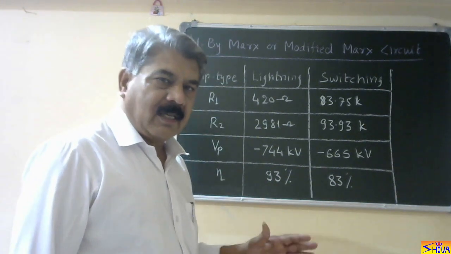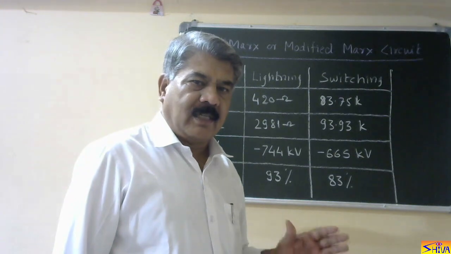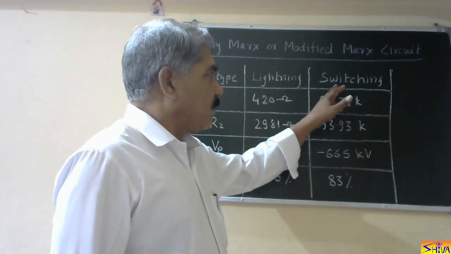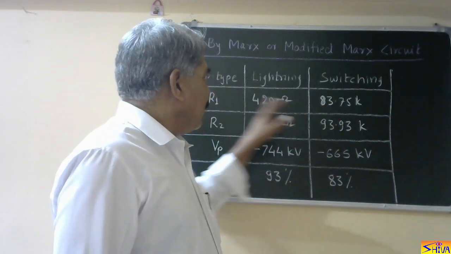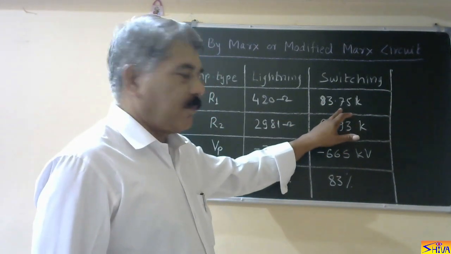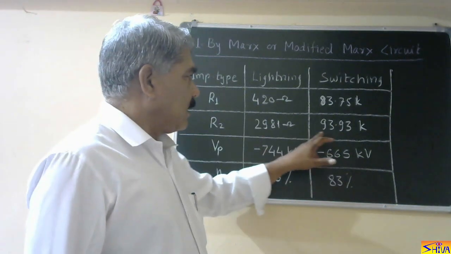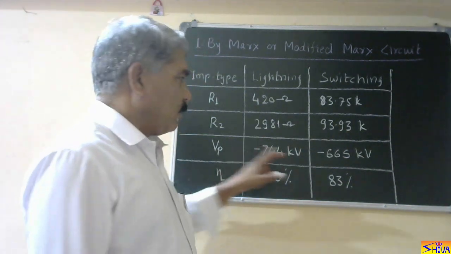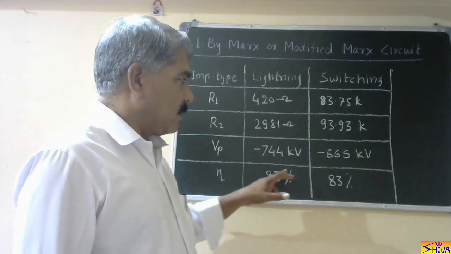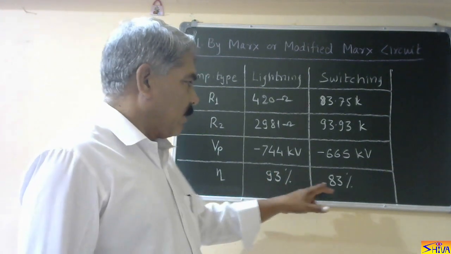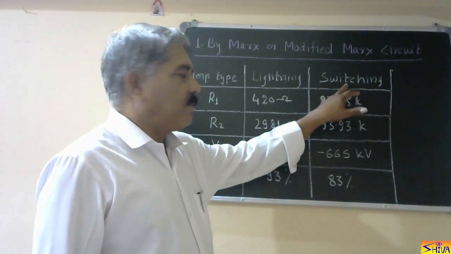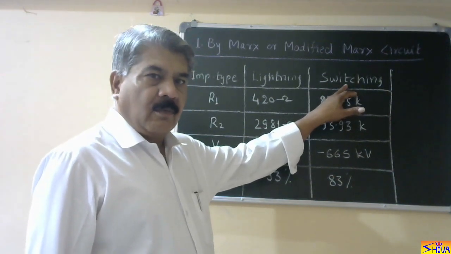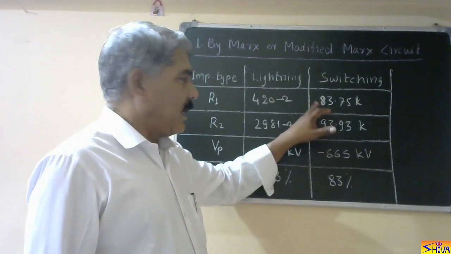Now when the same circuit is used for generating the impulse wave of 250 by 2500 microsecond, then R1 computed was 83.75 kiloohms, R2 was 93.93 kiloohms, peak voltage generated was minus 665 kV and efficiency was 83%. Now difference is, as this waveform is of longer duration, we require higher value of R1 and R2.